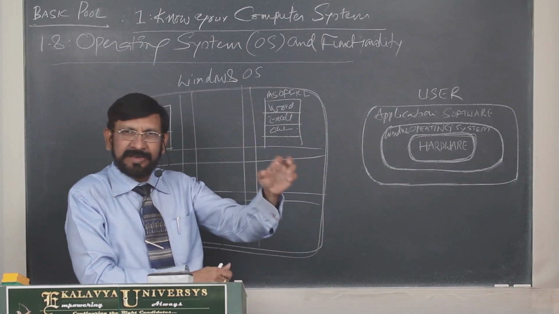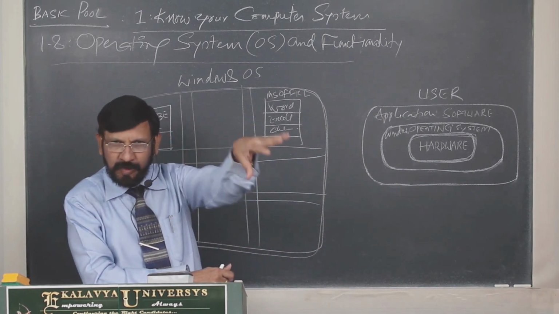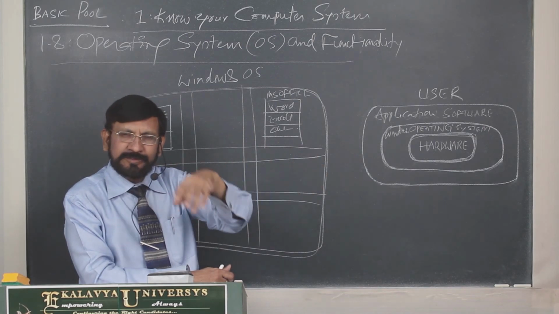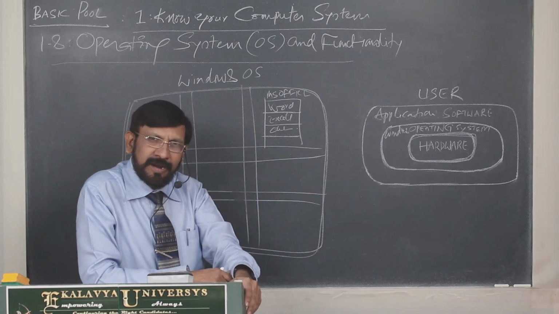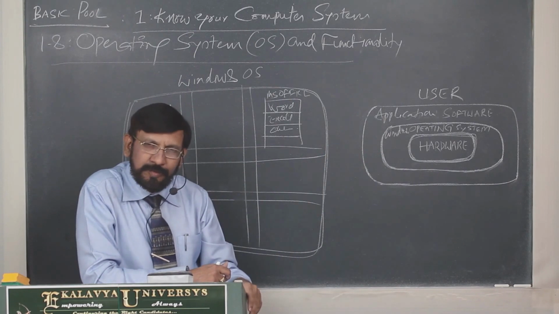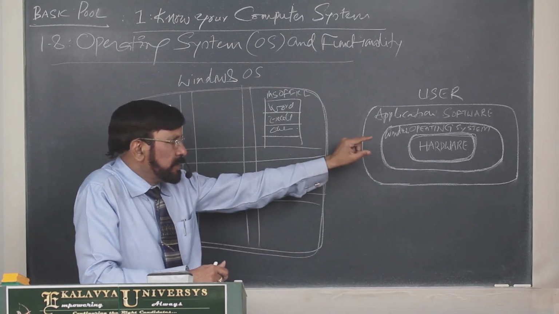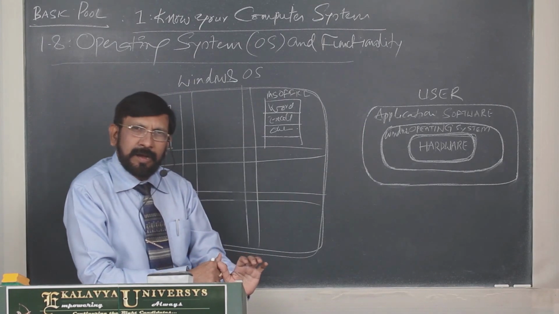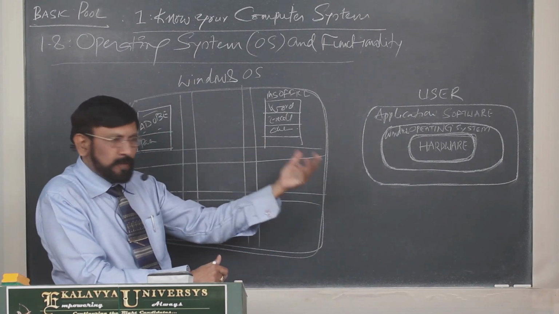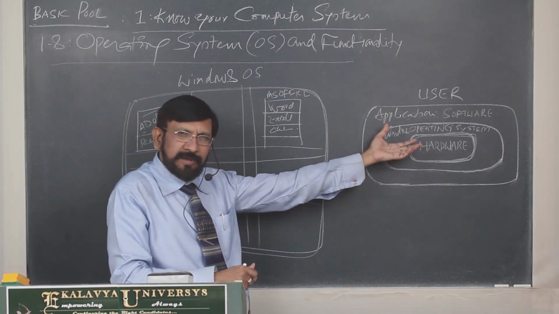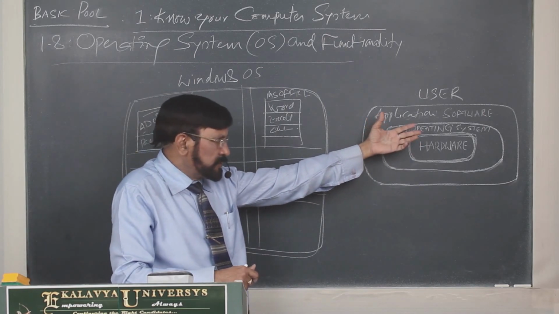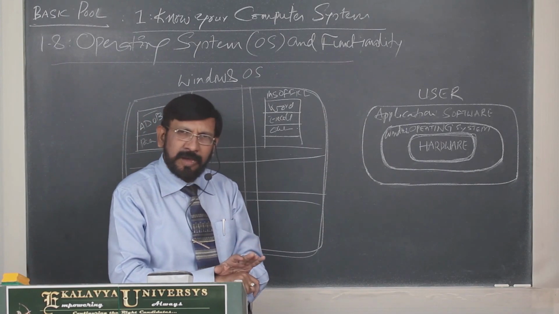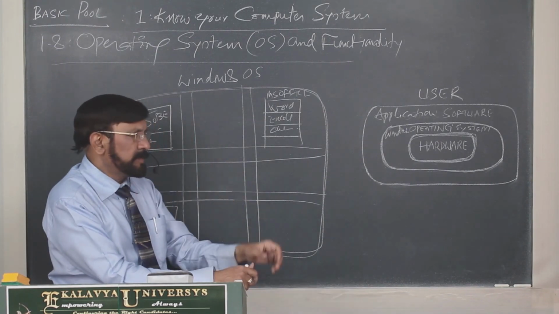Once the manager is there, he gives instructions to all the people, all the resources are properly utilized, and ultimately they can achieve the production. So what you can understand is that an operating system plays the role of a controlling authority or chief executive officer within the system to control all the operations performed within a computer.